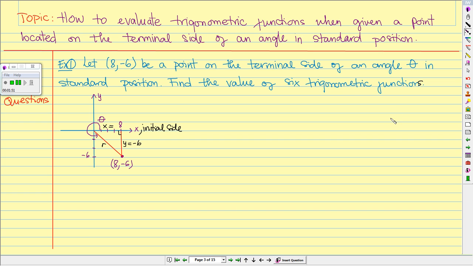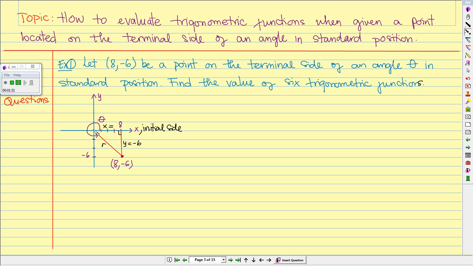So the first thing we have to do is sketch a vertical line to connect my point (8, -6) with the x-axis.